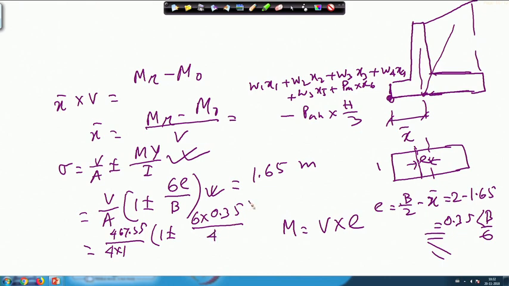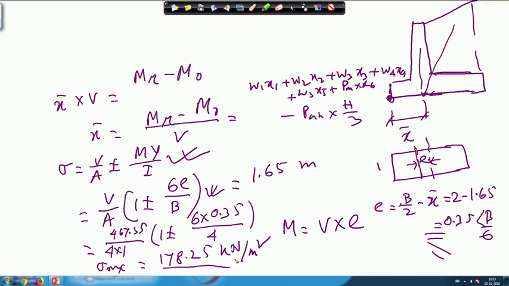If I do this, sigma max comes to 178.25 kilonewton per meter square. Similarly, I can find sigma minimum also, and this 178.25 kilonewton per meter square is the maximum value.